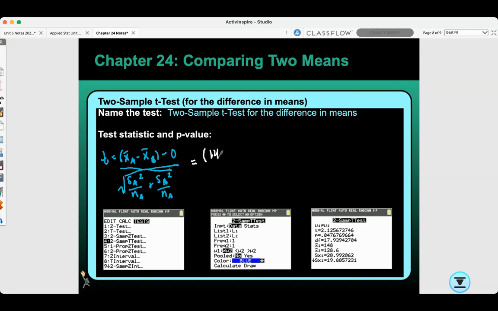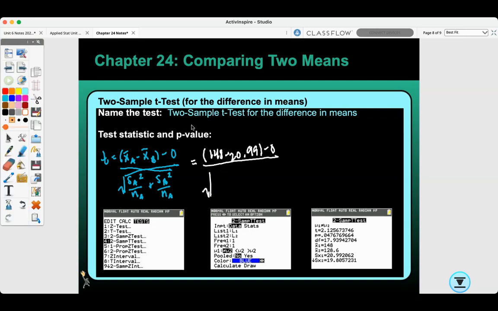So we're going to go ahead and plug this information in. So we would have 148 minus 20.99 minus 0 all over the square root of 20.99. Oh, I made a mistake. I looked at the wrong value here. So let's fix that.